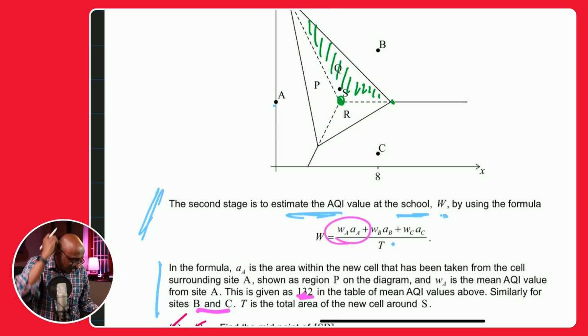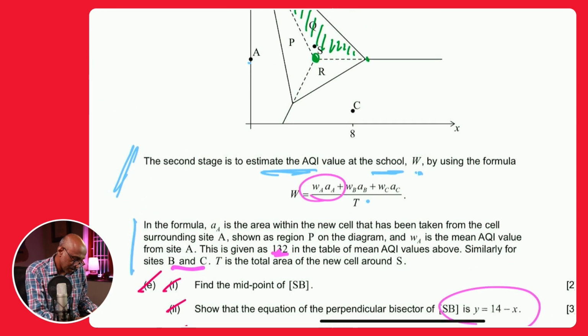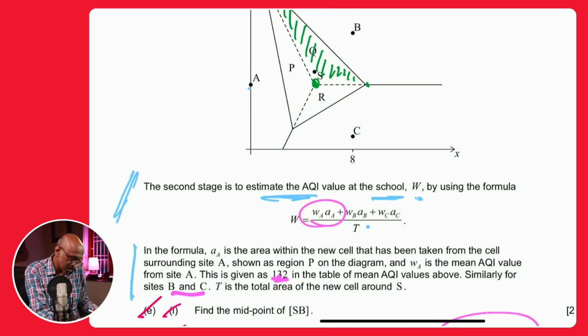How do we do that? It is basically this equation that we just found, 14 minus x for the perpendicular bisector, which happens to be this side. That lies at the point of intersection between the perpendicular bisector for SB and this line.